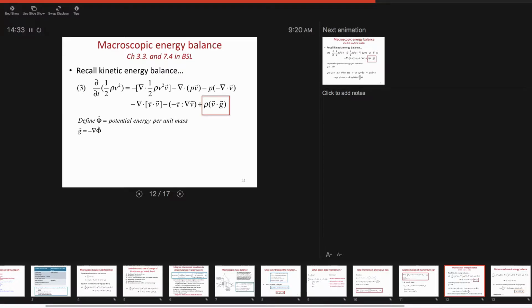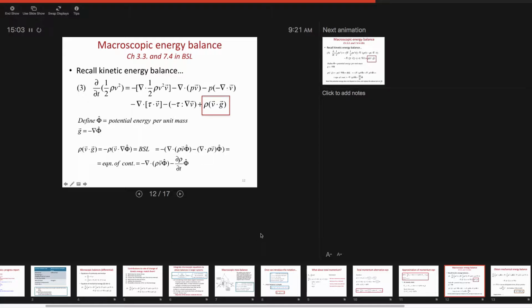We take that term and we define potential energy per unit mass, phi, such that G is the gradient of phi. So basically I define this field so that I get the gravity as a minus gradient of this potential. Then a little bit of your favorite vector rearrangements. So I can rewrite this V dot G as minus V dot gradient of phi.